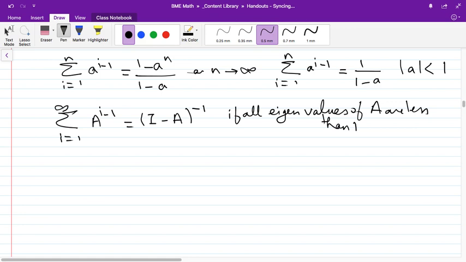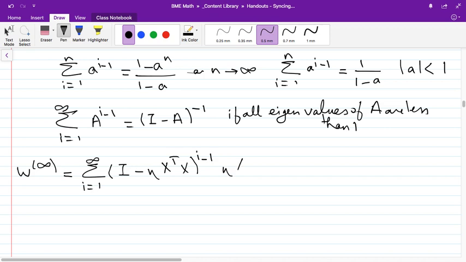Okay, so let's go back now to our problem. We said W at the end of our algorithm is equal to the sum from i equals 1 to infinity of identity minus eta x transpose x raised to the power of i minus 1, times eta x transpose y, plus identity minus eta x transpose x raised to the power of infinity times my initial condition W0.